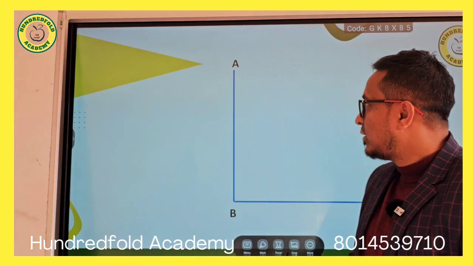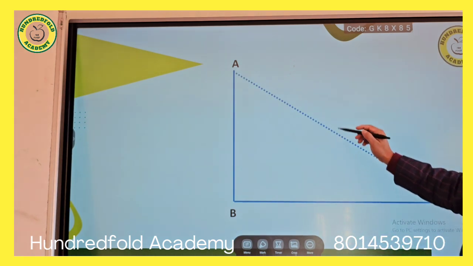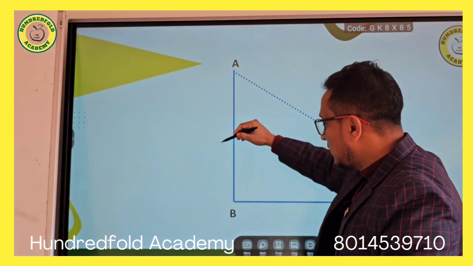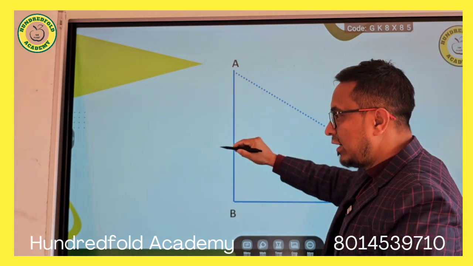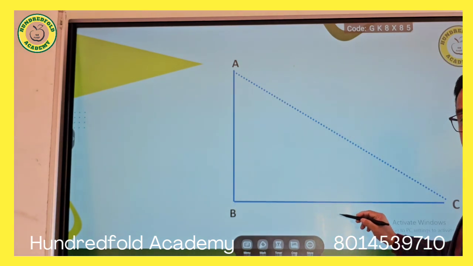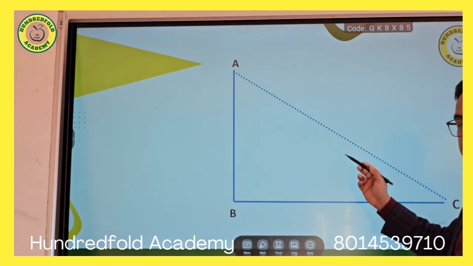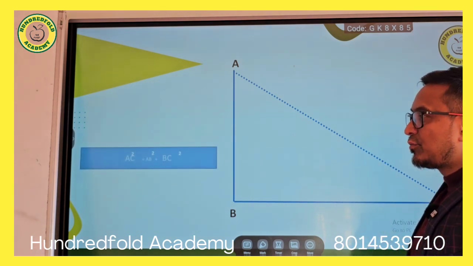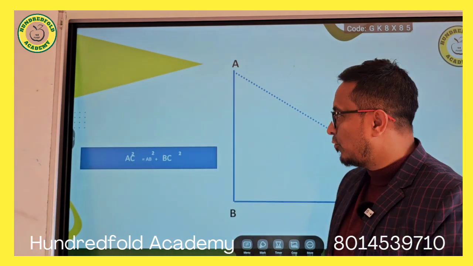So the shortest distance, it's this one, right? They'll give you from here to here, let's say 100, and from here to here, let's say 60. How much is here?